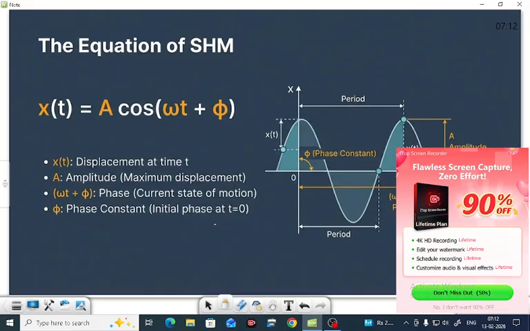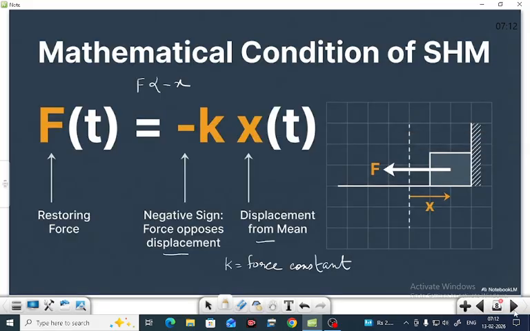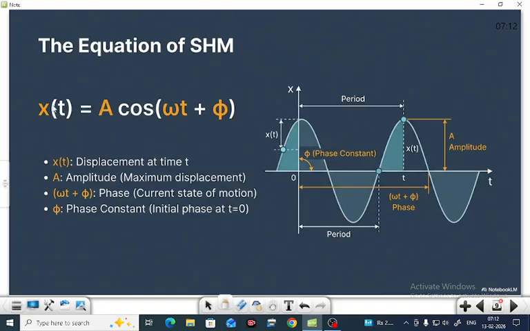In the equation of SHM, x equal to a cos(omega t plus phi), x(t) is the displacement at time t, a is the amplitude, the maximum displacement, omega t plus phi is the phase or current state of motion, and phi is the phase constant or initial phase at time t equal to 0. Here x(t) is the displacement from the zero position.